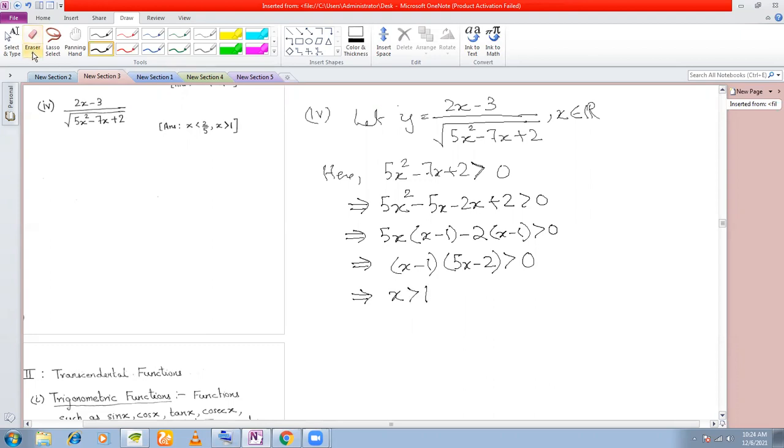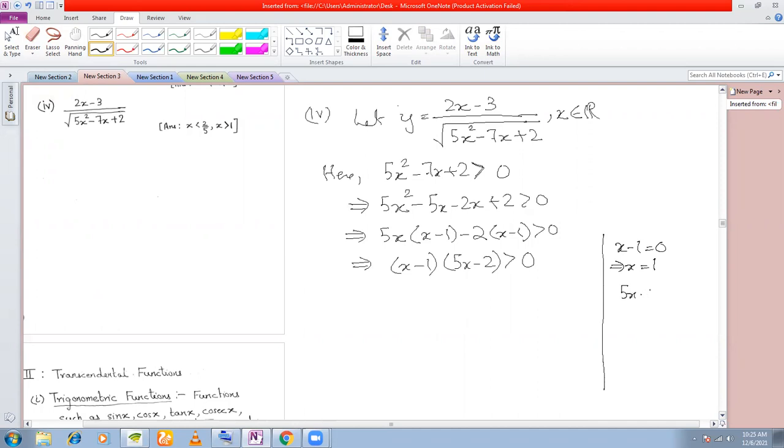Which one is the lower value? Remember the method of intervals I told you when I was discussing quadratic expressions? Let me do it at the side. So x minus 1 equal to 0 means x is equal to 1.